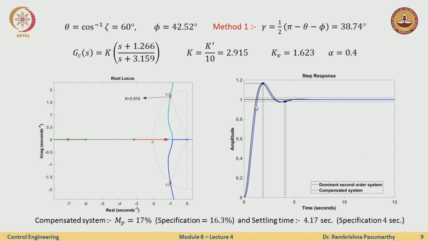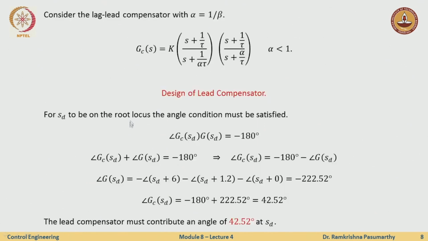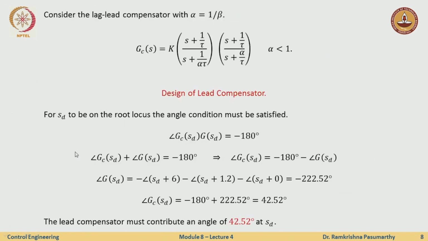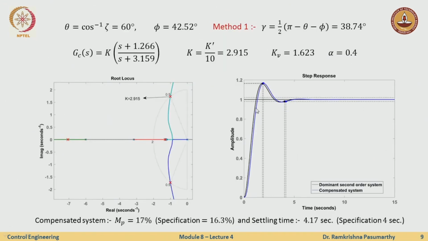The black one is what I get when I just look at these two dominant poles, right. And then I want the compensated system, which is essentially the dominant poles plus the compensator, to be as close to the desired as possible.